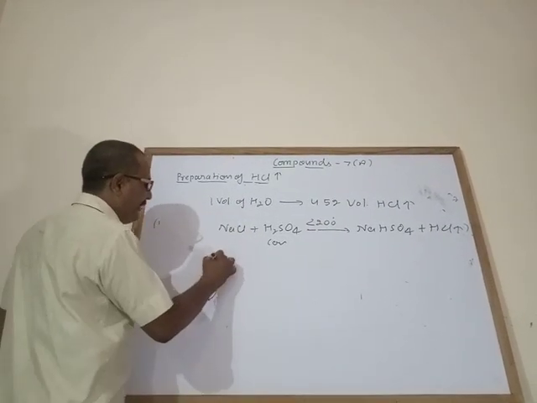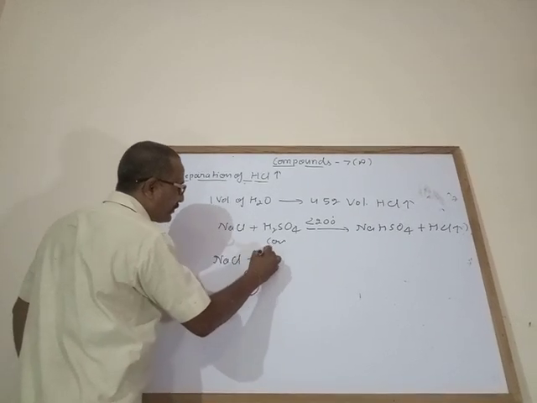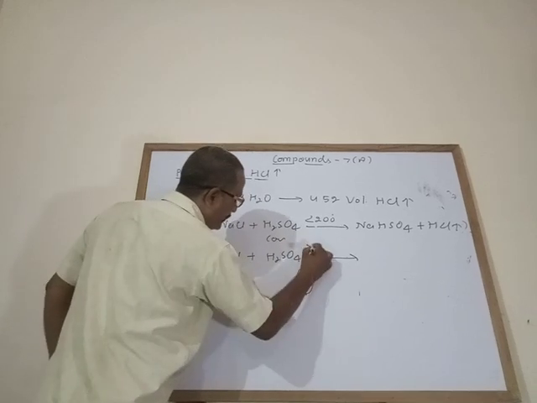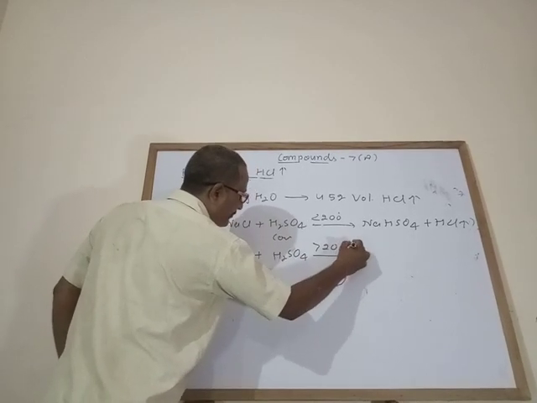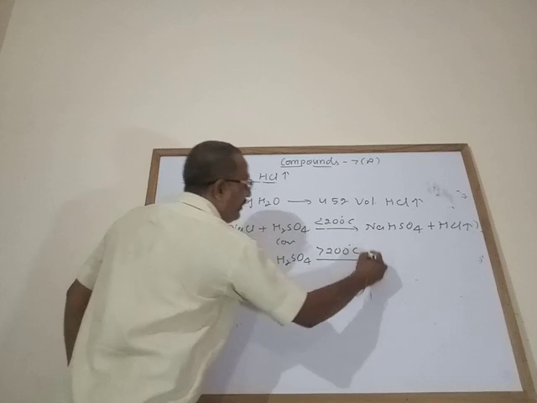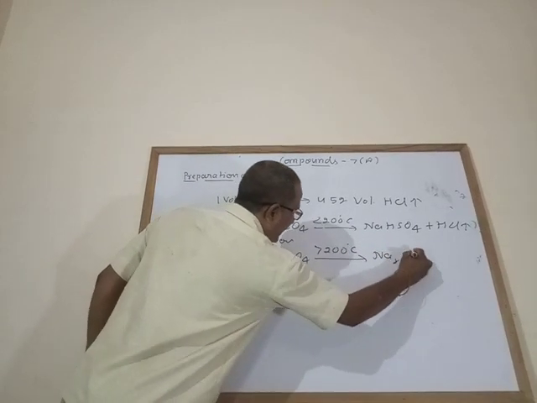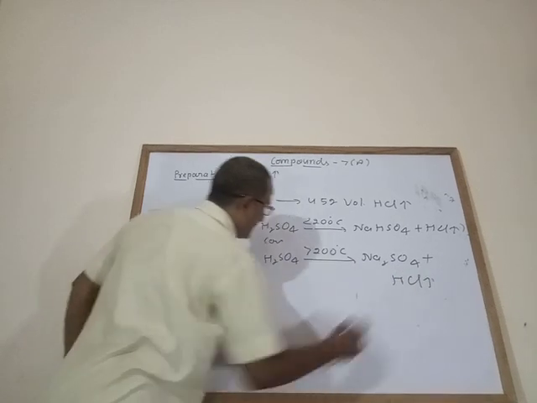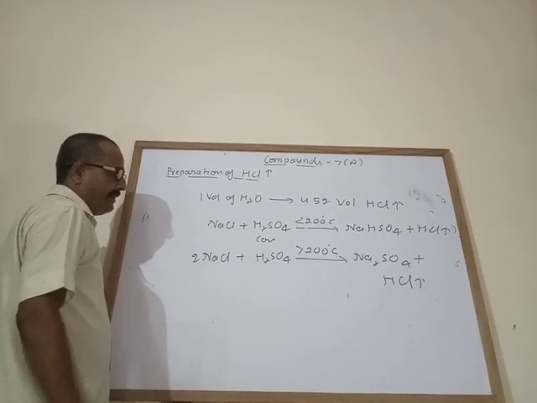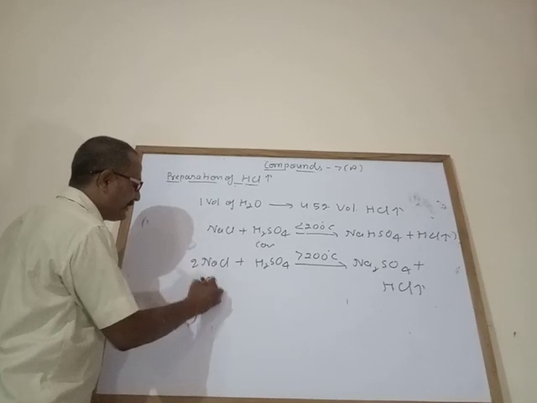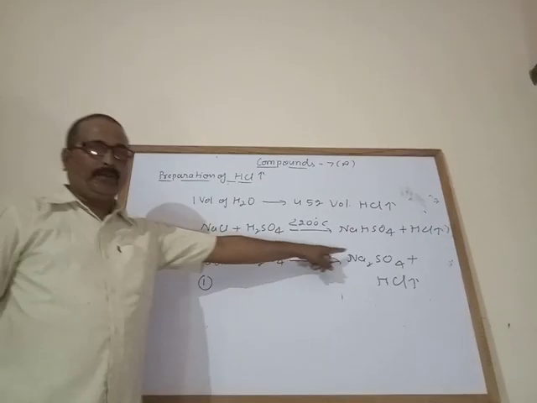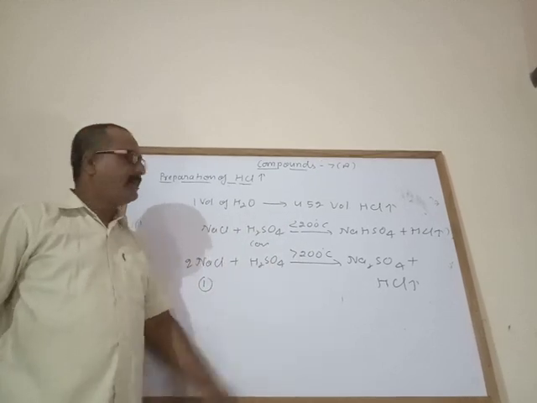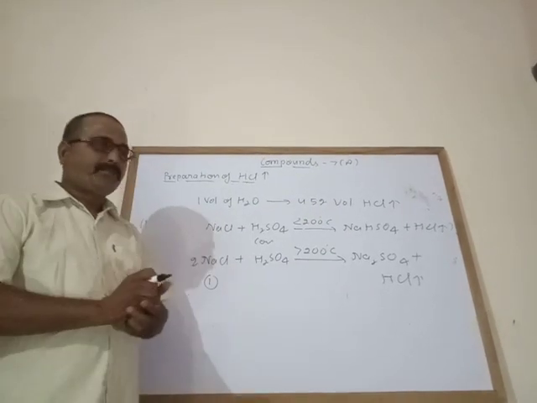When the temperature is more than 200 degrees Celsius, it forms sodium sulfate and hydrogen chloride gas. First point, there is a wastage of fuel.